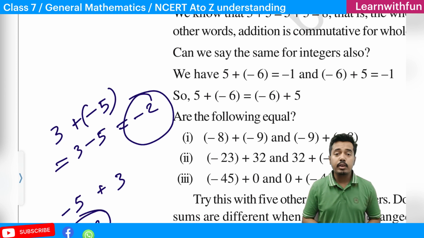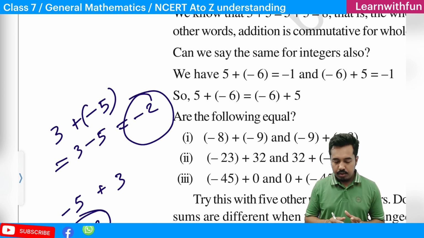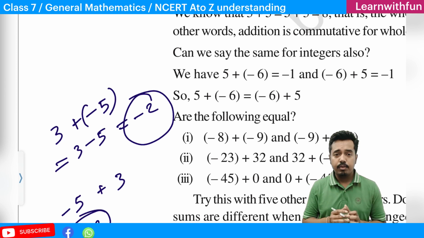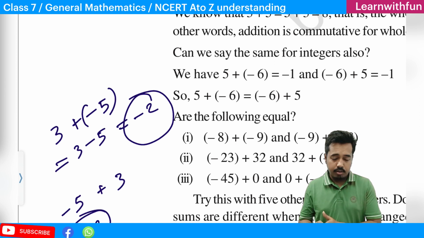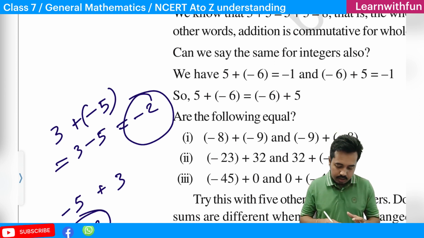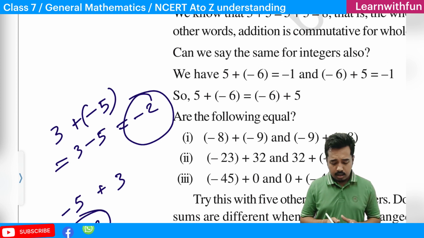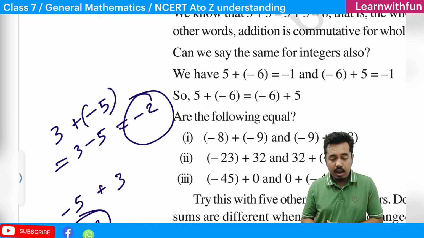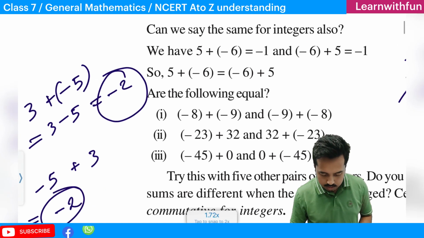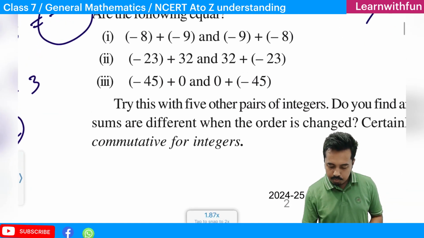If you get two different results, then you can say that the numbers are not commutative. But here we have seen that the numbers, after exchanging their positions, they give the same result, right? So we can say that integers obey the commutative property.